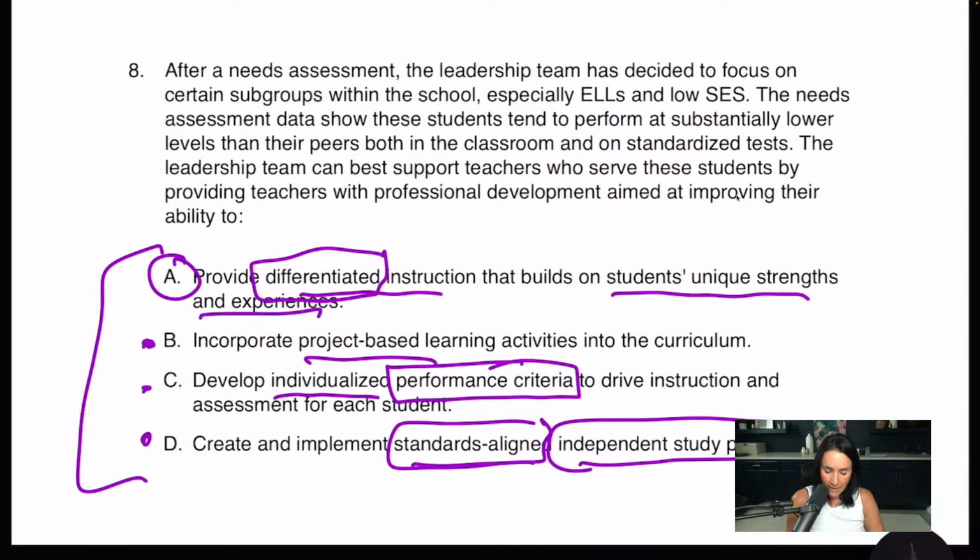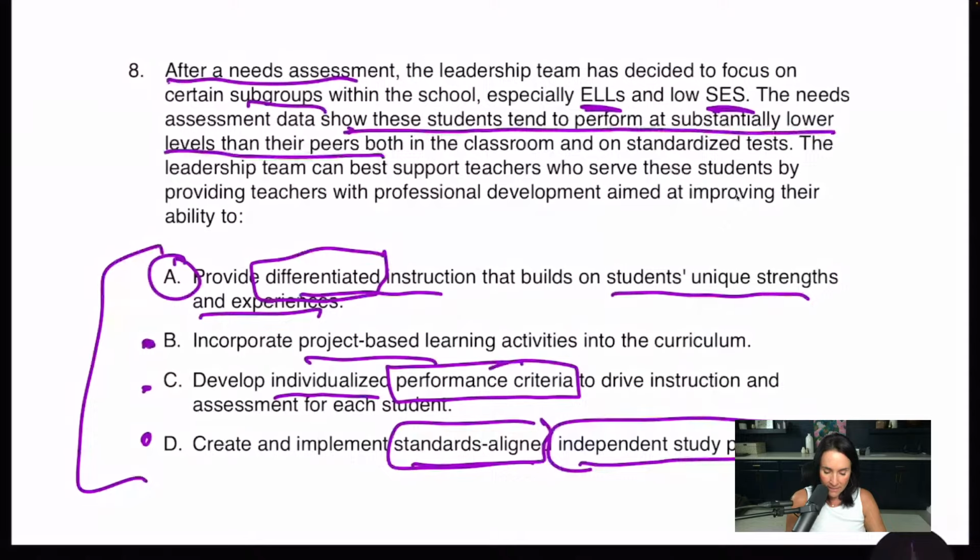Let's have a look at the question. After a needs assessment, all right, so we've already looked at the data. The leadership team has decided to focus on subgroups within the school, especially ELLs and kids from low SES. The needs assessment data show these students tend to perform at substantially lower levels than their peers. So we have that achievement gap.